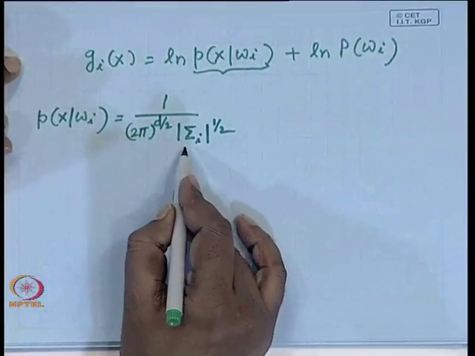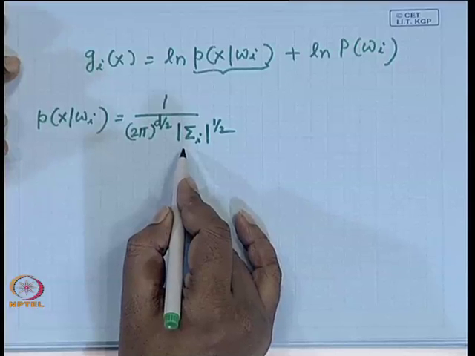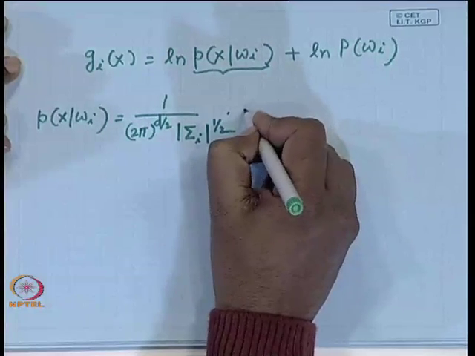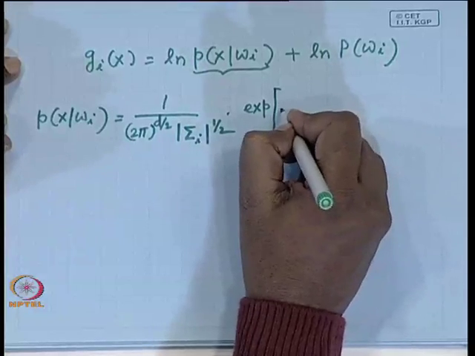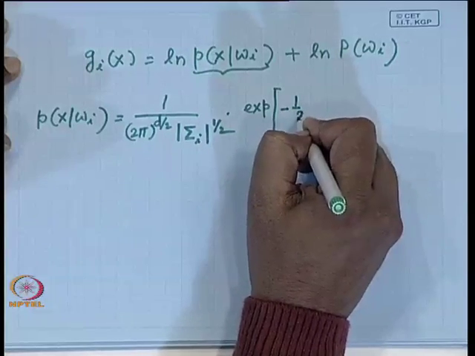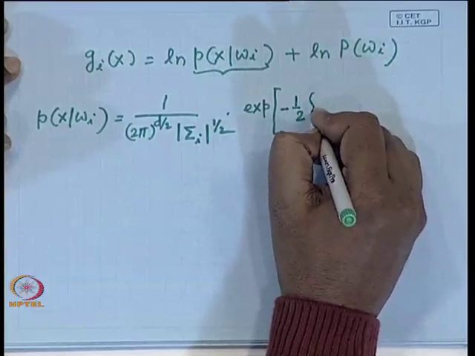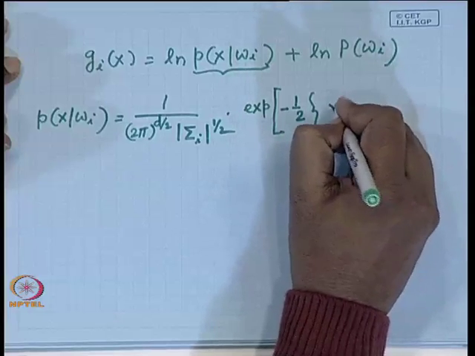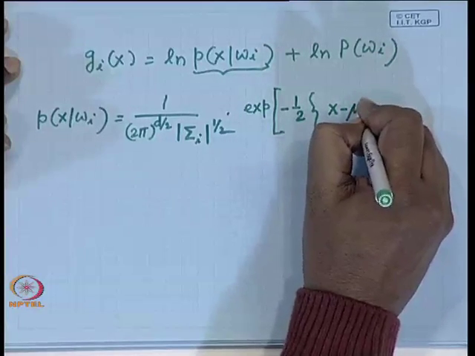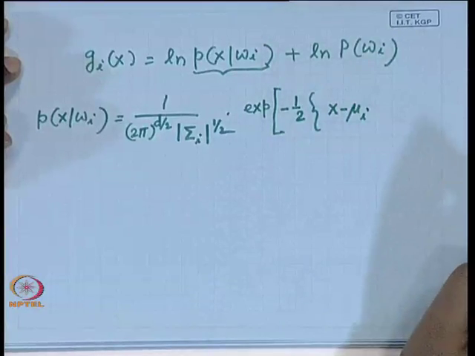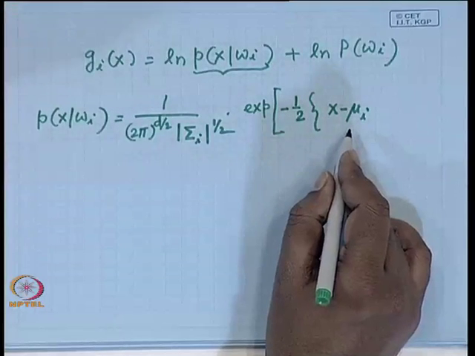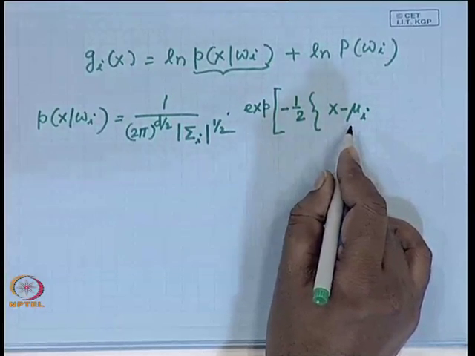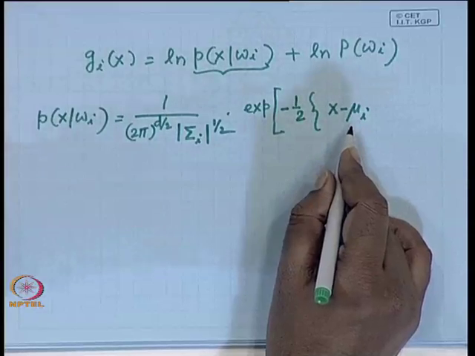So, you find that sigma has been replaced by sigma_i, into exponential of minus half, x minus mu_i, now mu has to be replaced by mu_i. This mu_i, do not take it as the ith component of mu; rather this is the mean vector of class omega_i.